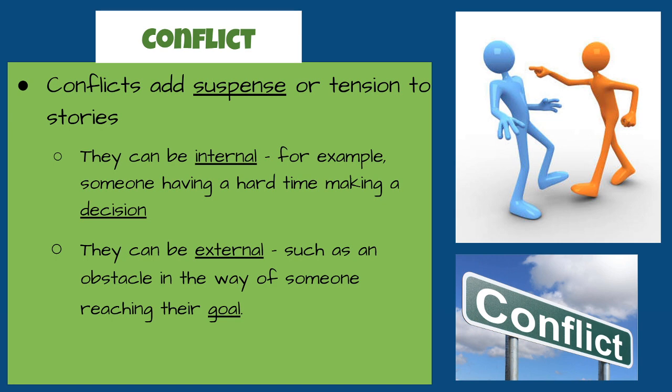So an internal conflict, an example of that would be someone having a hard time making a decision because that thought process, that decision is going on in their head. For example, if you're trying to decide if you should break up with your girlfriend or not, that's an internal conflict. It's something that's going on inside of you, and people outside of you might not really know what's going on.